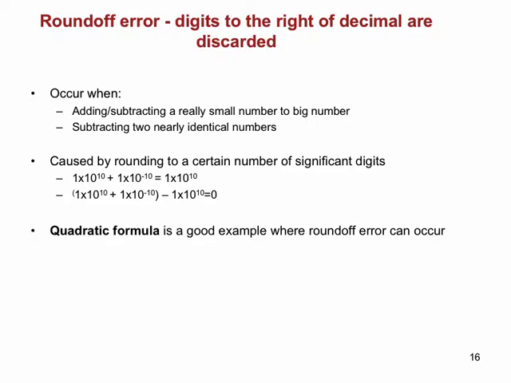This plus or minus square root of something is where you could have two numbers, minus b and the square root of something, that are very far apart. So that's where I could actually be adding or subtracting a really small number to a big number. Or you could have a situation where they're nearly identical. The quadratic formula is solved a lot, so that's going to show up as a problem in numerical methods.